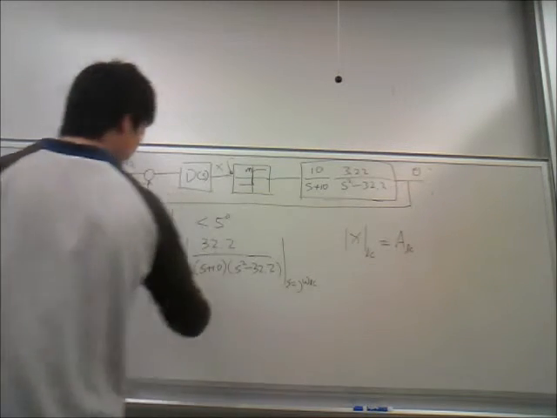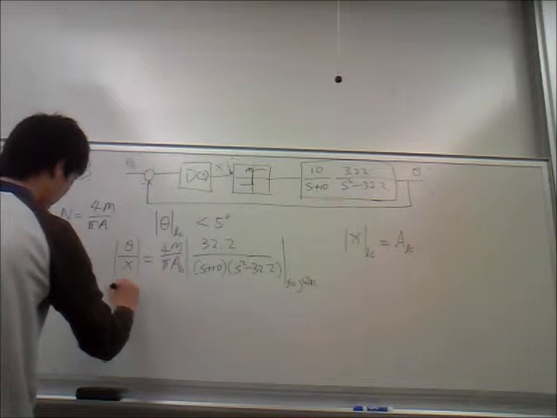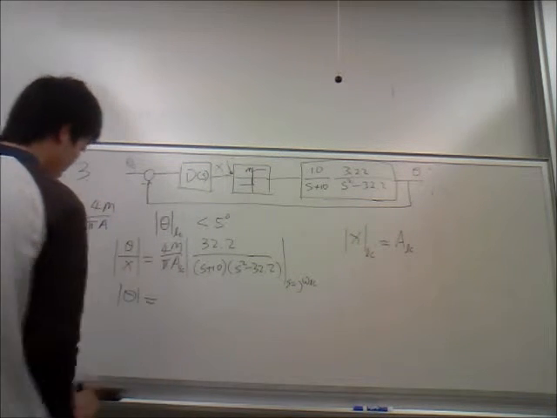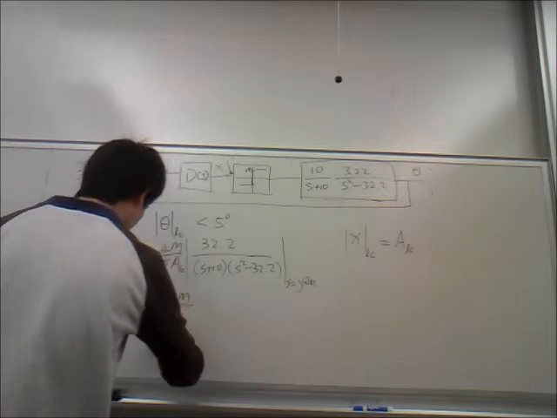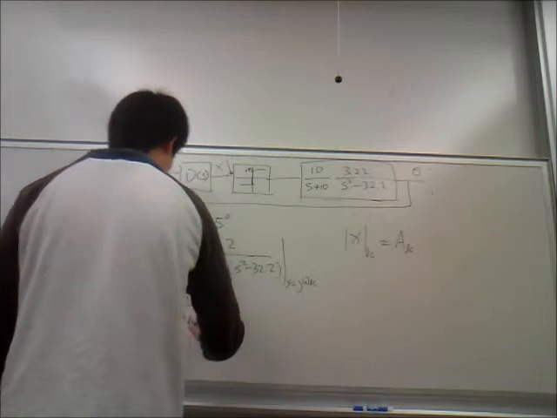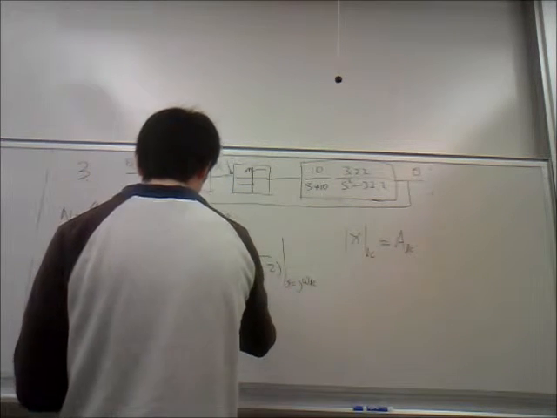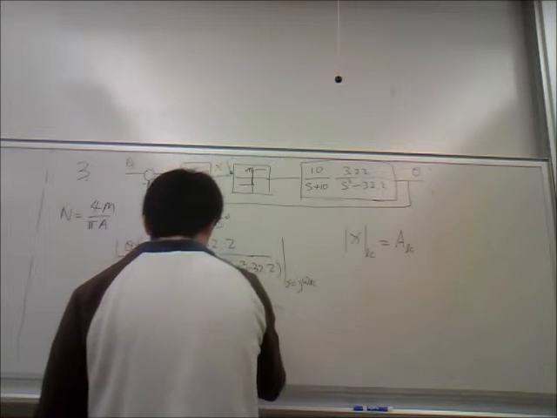So if we bring this thing over here, we get the magnitude of theta equals 4M over pi A. And we could put this in.